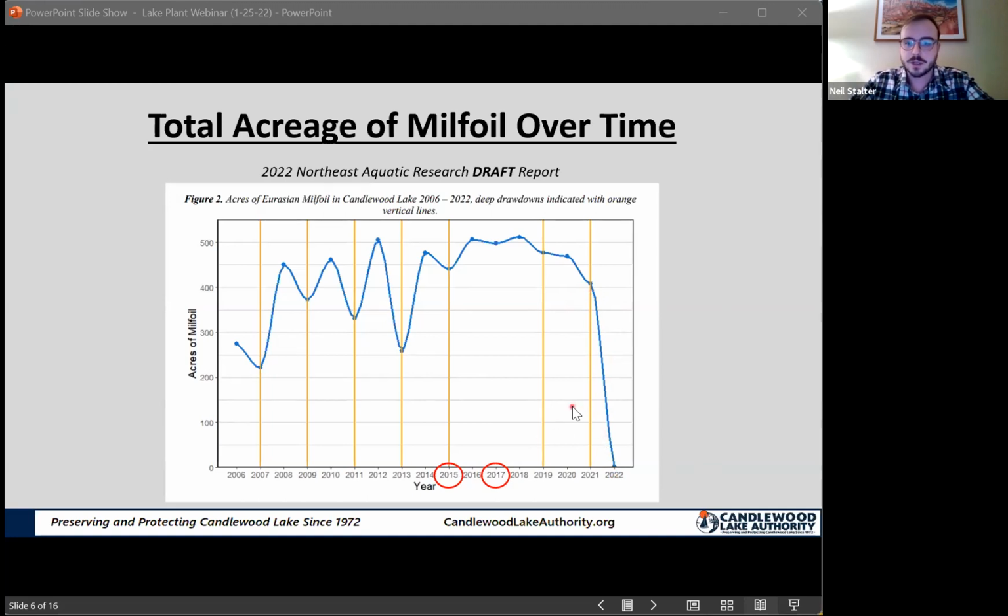But there are other metrics that are really important to consider, including plant height and density, when we're talking about plant material. As we go through this presentation, we're going to talk about all three of those metrics when we're talking about biomass, that measurement of all of the plant material in the lake.